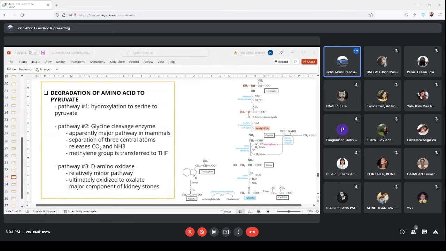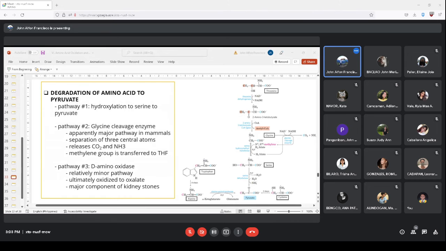Sir, yung po sa urea, production po ng urea. Sorry, ano po yung relationship ng urea sa uric acid po? Yung formation ng urea and uric acid. Opo.